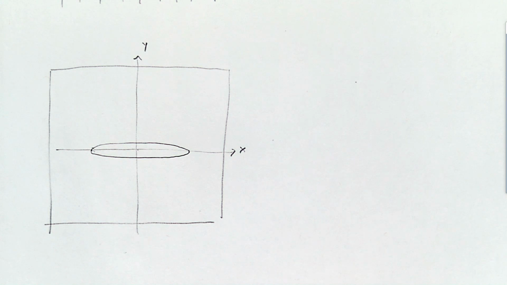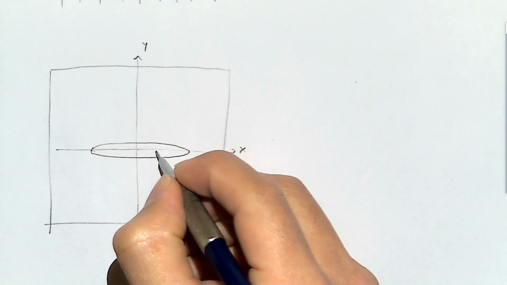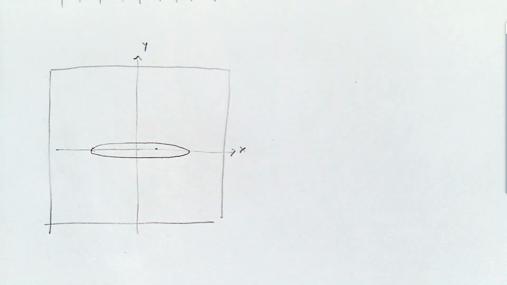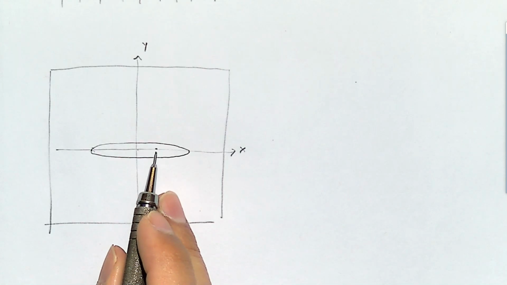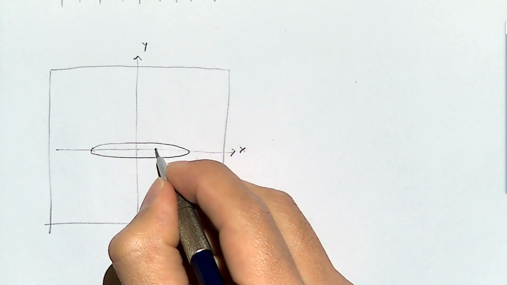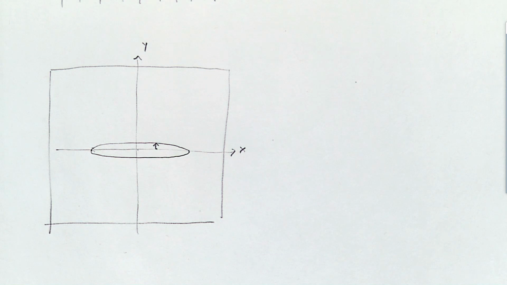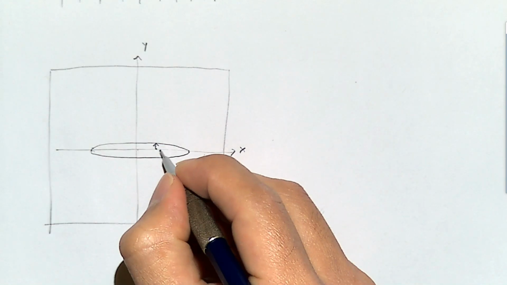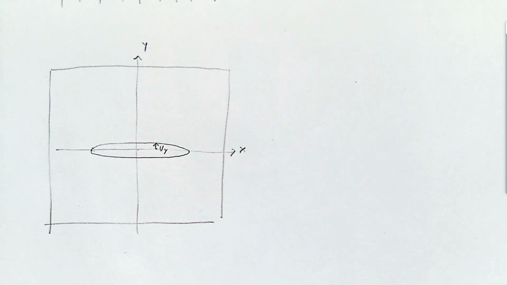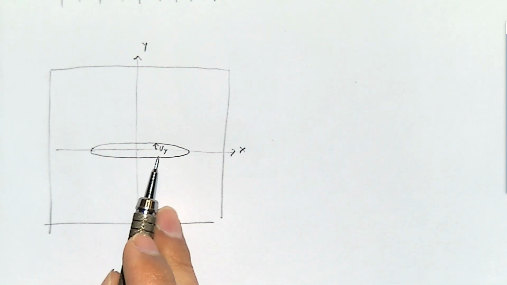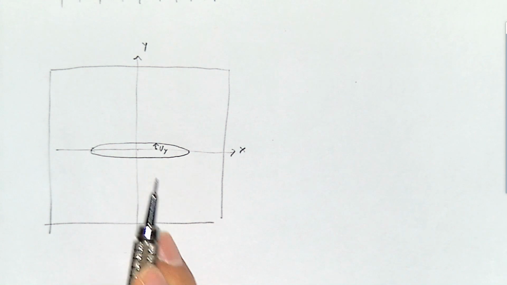So, for example, if the fracture was at y equal to 0 before, after it opens, there is a displacement of the fracture face in direction y, or in vertical direction, from here to there.